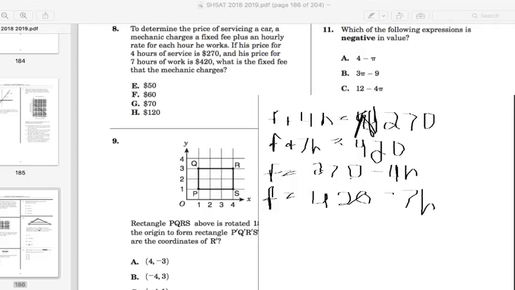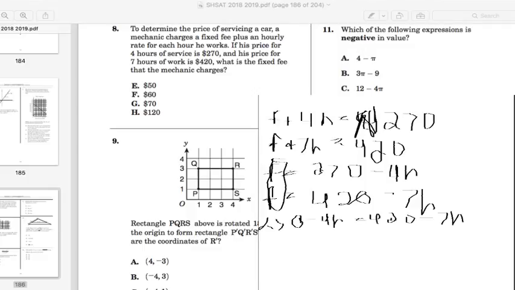That means because we have F on both sides here, that we can make these both equal. So we can get 270 minus 4H equals 420 minus 7H.